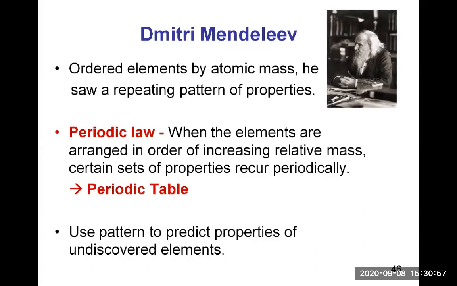And so this allowed the scientists to see that the first periodic table that it was possible to make had some holes. There were missing elements there. And so by using the pattern of properties, scientists were able to predict properties of undiscovered elements.